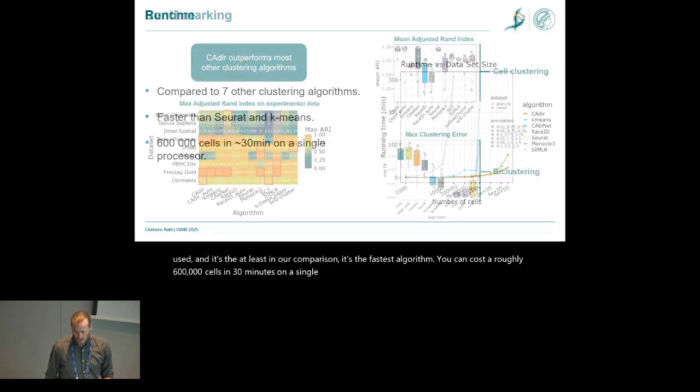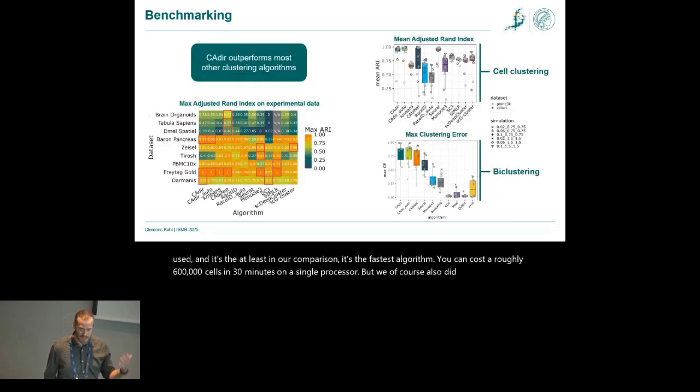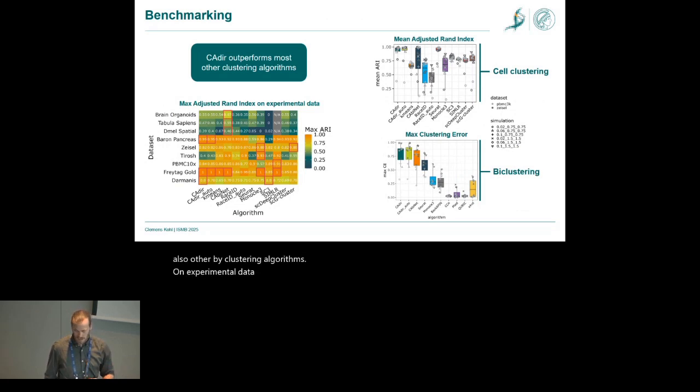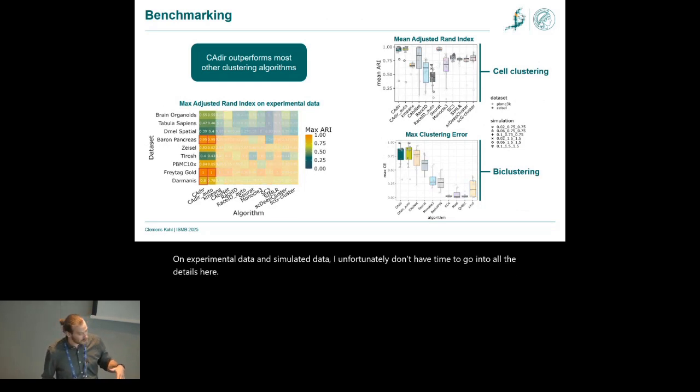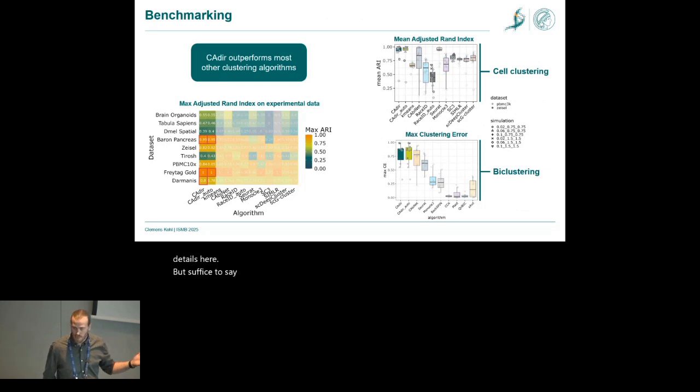But we, of course, also did a much more comprehensive benchmarking where we compared it to other cell clustering algorithms, but also other bi-clustering algorithms, both on experimental data and simulated data. I unfortunately don't have time to go into all the details here, but suffice to say that it outperforms most of the tested algorithms, including some of these deep learning-based algorithms we tested.